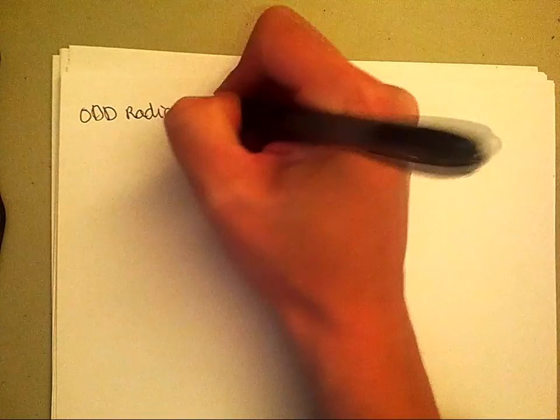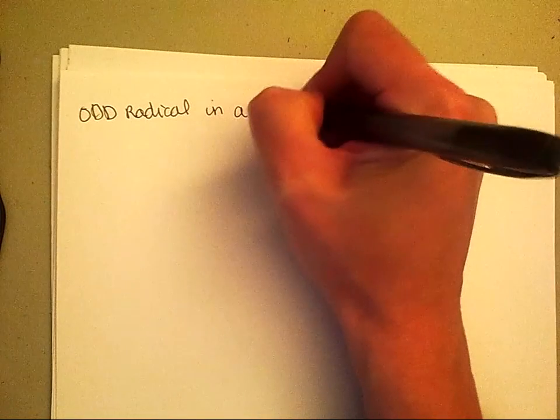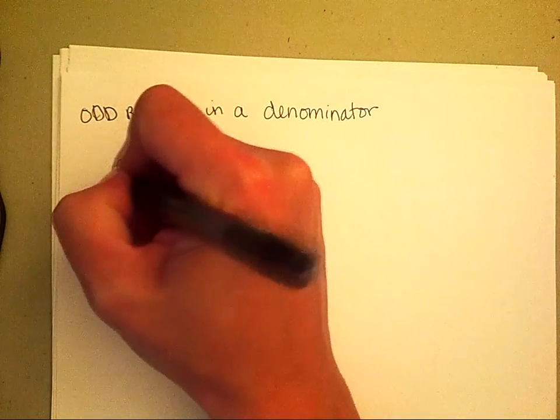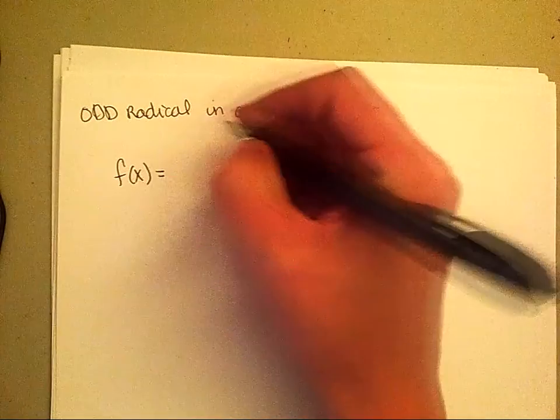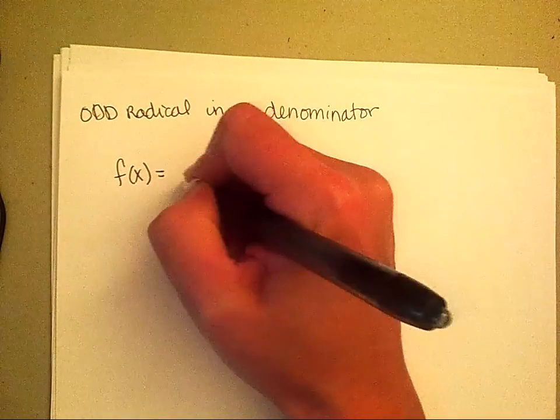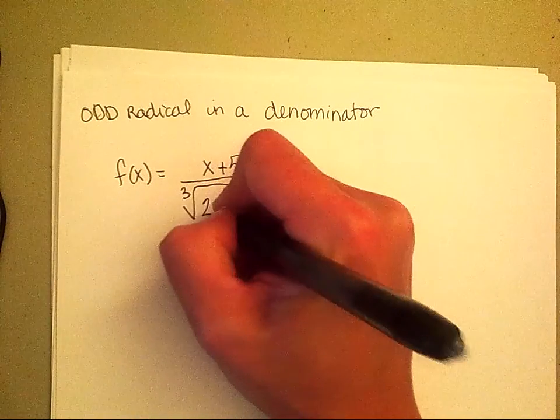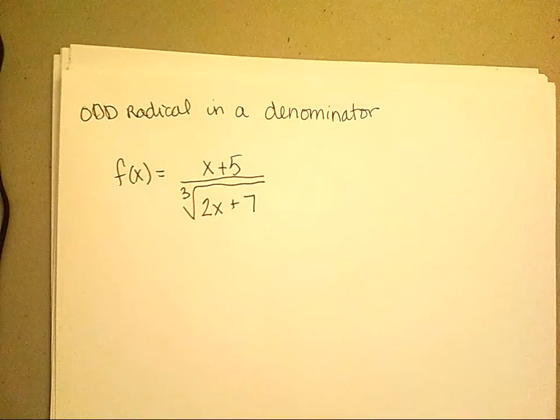Now let's mix some of them together. What if we had an odd radical in a denominator? Something like this: f of x is equal to x plus 5 over the cube root of 2x plus 7.